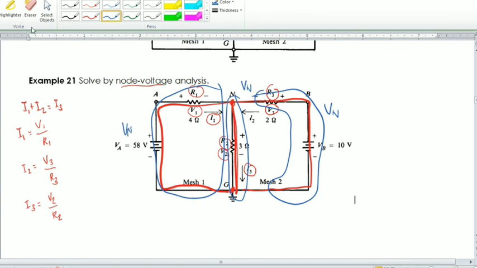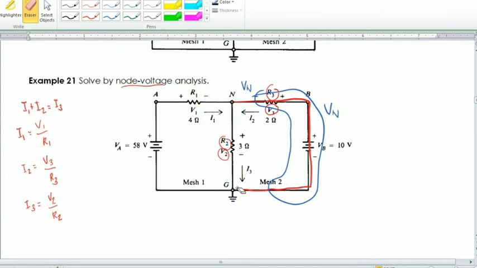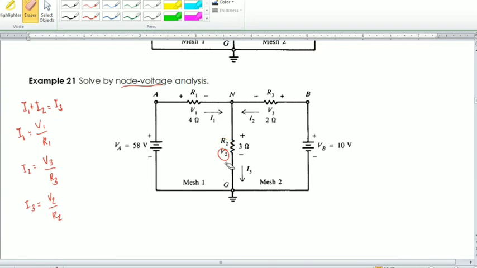And how to do that? Okay, here's how we will do it. We have to determine first the V sub N, or the node voltage, at this point right here.